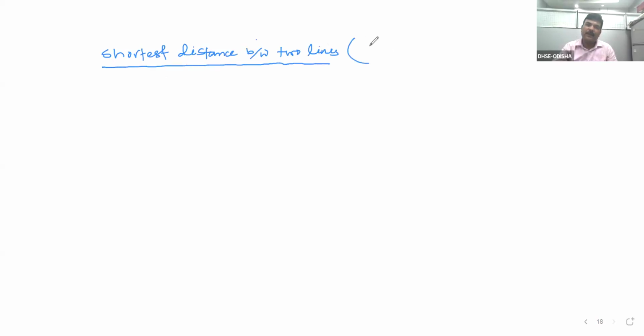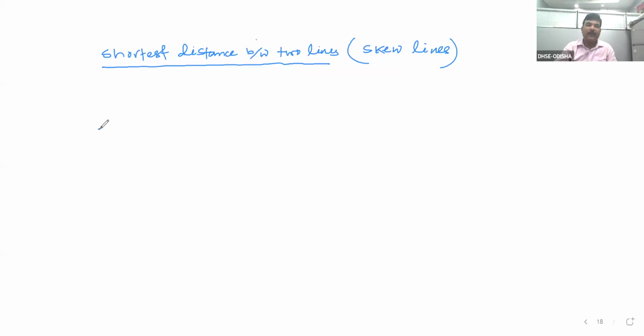Then come to shortest distance between two lines. The two lines are skew lines. Skew lines means non-parallel and non-intersecting lines.